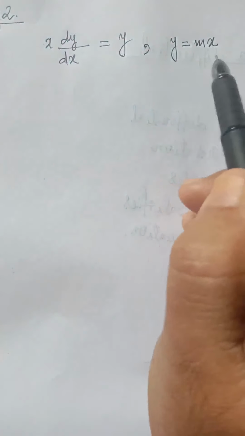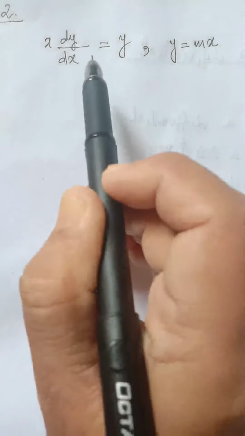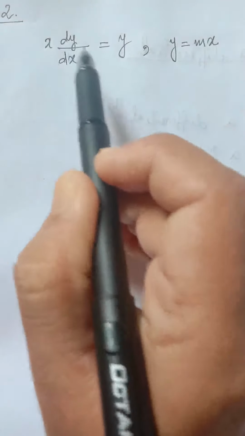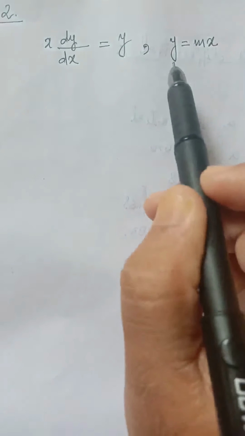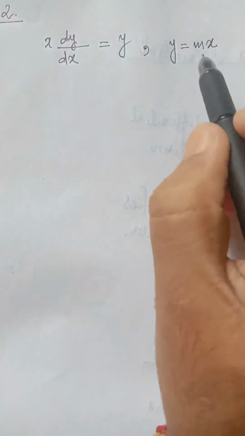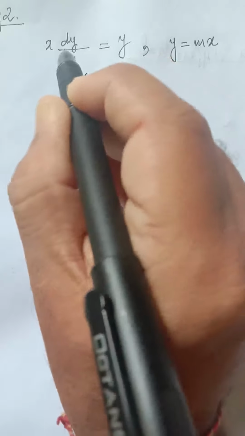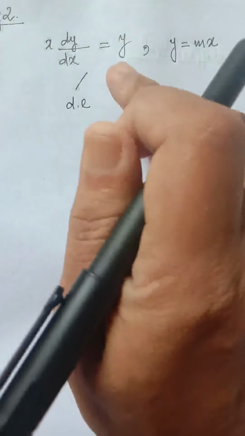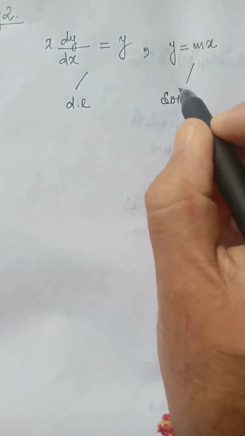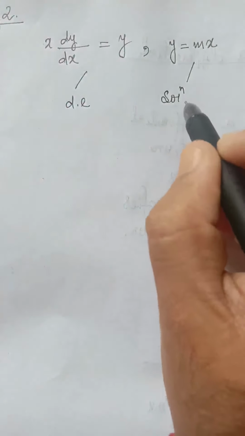And y equal to mx is a relation between the variables involved in this differential equation. This is a relation between the variables x, y, and an arbitrary constant, so this is the solution. A solution means a relation between the variables with arbitrary constants.